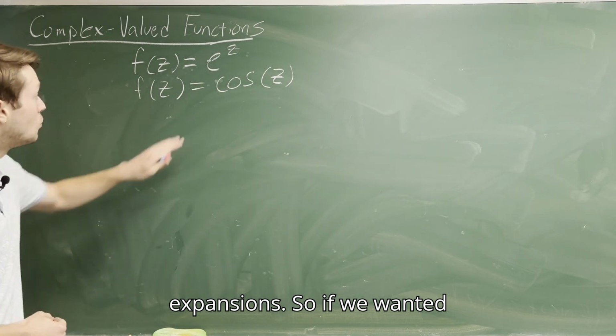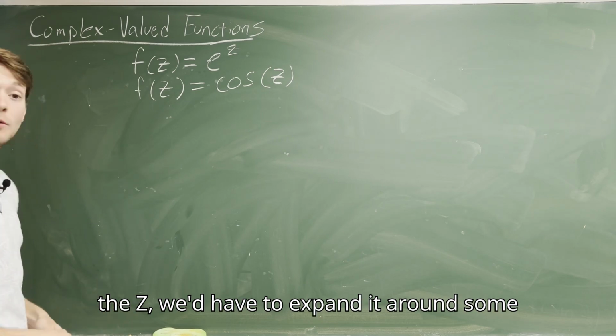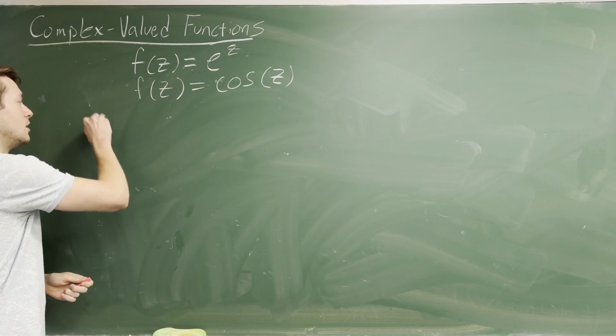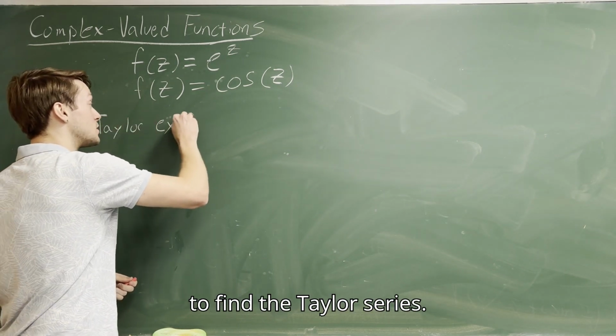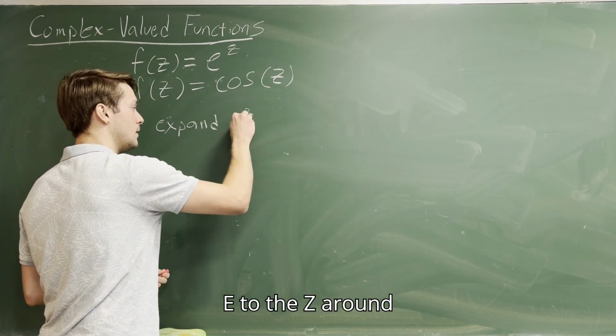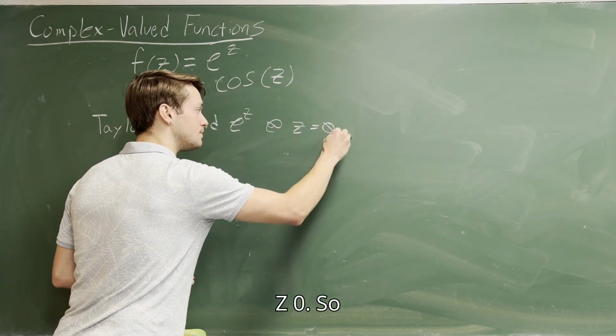So, if we wanted to Taylor expand this first function, e to the z, we'd have to expand it around some point. And just to keep things simple, I'm going to find the Taylor series of e to the z around z equals 0.